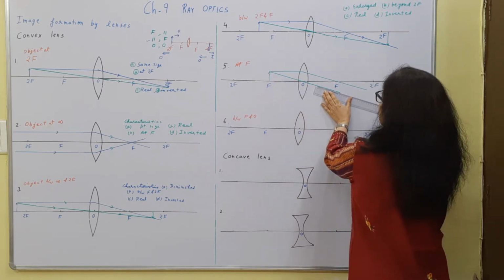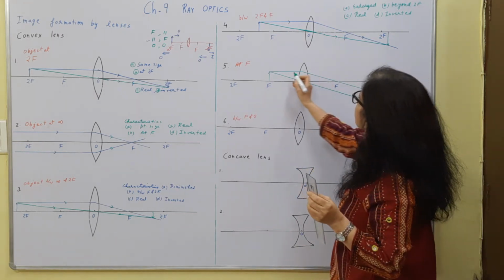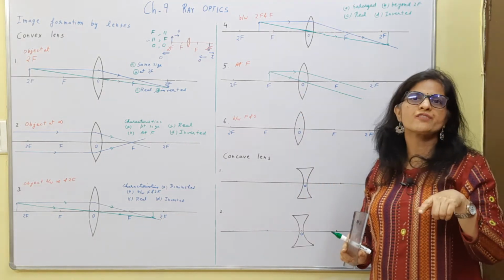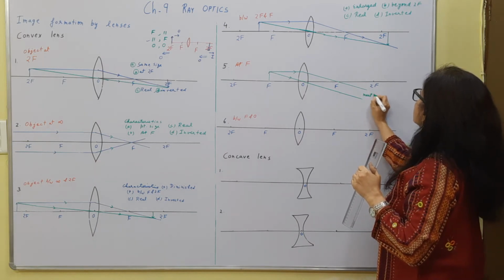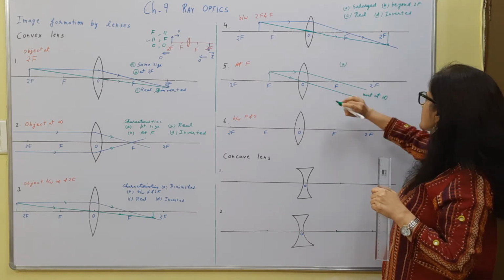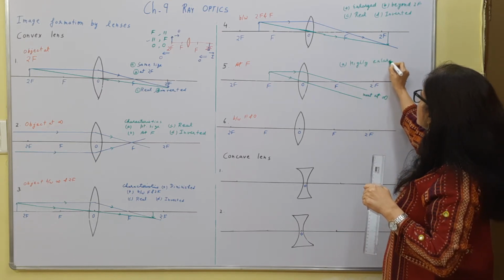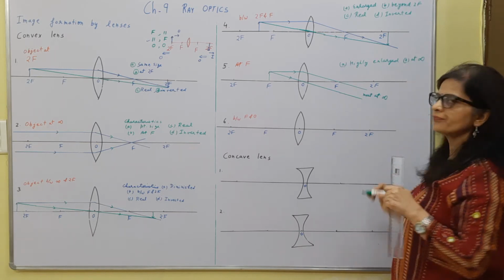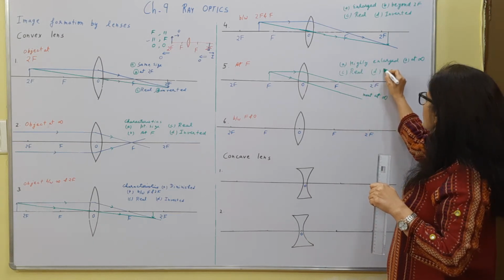As you can see, these two rays are parallel, that means the image is formed at infinity. These rays will meet at infinity. So you can write the four characteristics as: first is highly enlarged, second is at infinity, right? And then real, and then inverted.